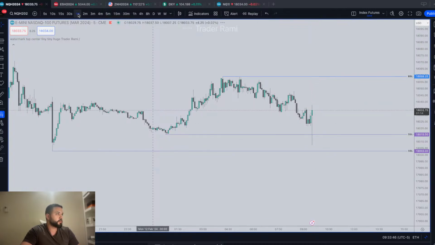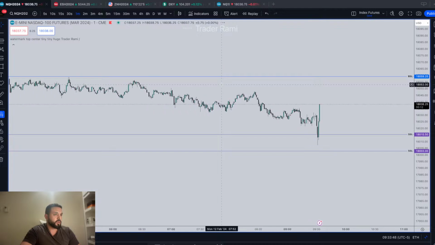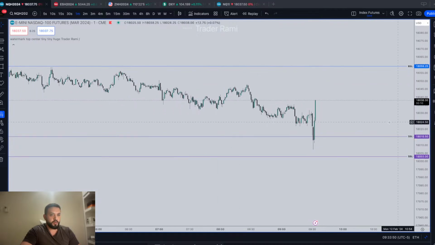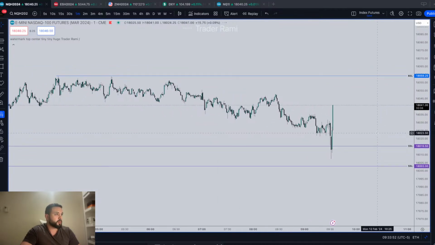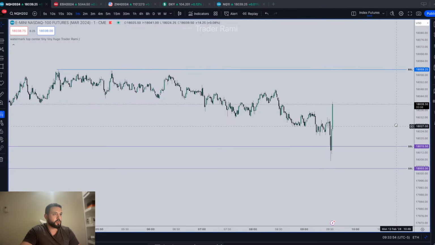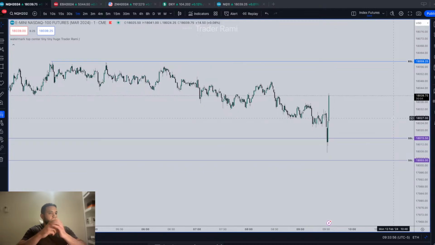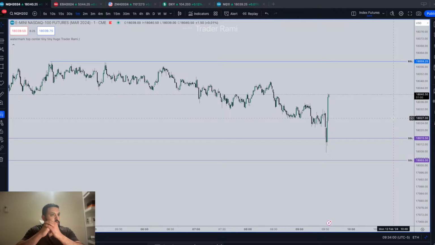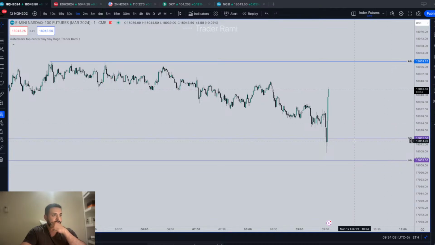So I've got that in my crosshairs of what price might be looking to do. So, very, very rapidly repricing to buy side right now. Rapidly.